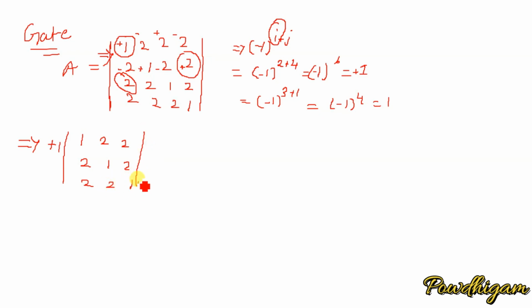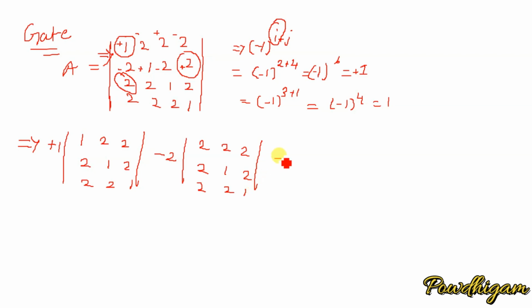Take the second element, minus 2, and for this element eliminate its row and column, and take the rest, which is 2 2 2, 2 1 2, 2 2 1.